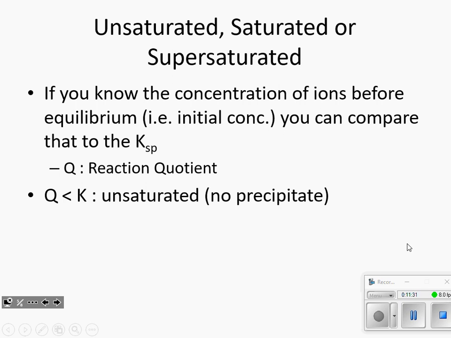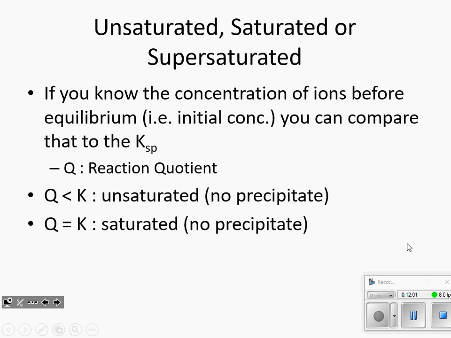If the Q value that you solve for, when you have the concentration of your two ions, is less than the K value, that means all those ions can be dissolved. It's an unsaturated solution. Or next class, when we dive more into the double displacement aspect of it, there would be no precipitate created, therefore no reaction.